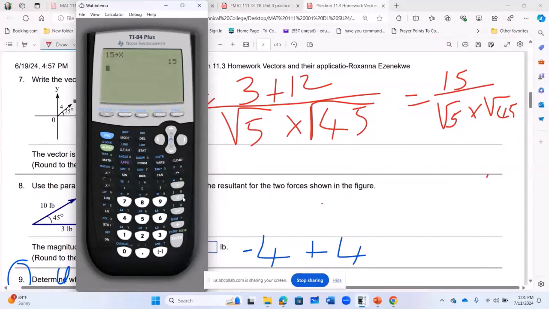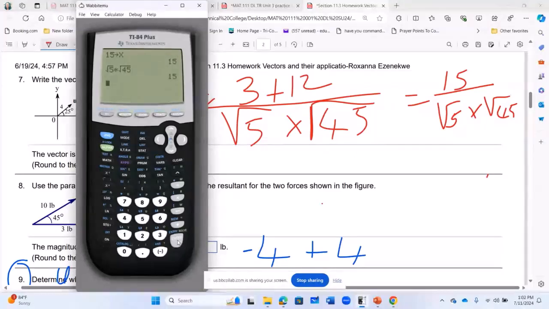And then I'm going to say divided by parenthesis, square root of 5 multiplied by square root of 45.